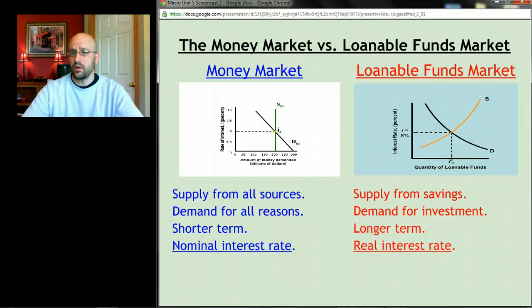And so it was a longer term type of graph with longer term type of loans, and the interest rate on the y-axis here is the real interest rate, not just the nominal rate, but the rate plus factoring in of inflation. Think of the loanable funds graph as the narrower graph and the money market graph as the more inclusive graph. The truth is they're almost interchangeable except for how the supply curve looks, but that said, the shifts in the curves in the graphs are going to look very similar as we move forward.